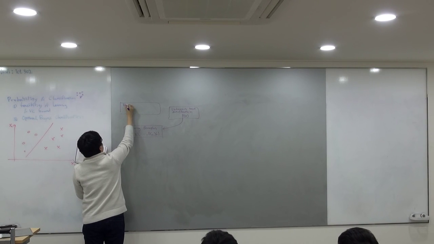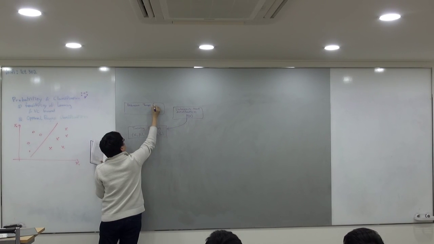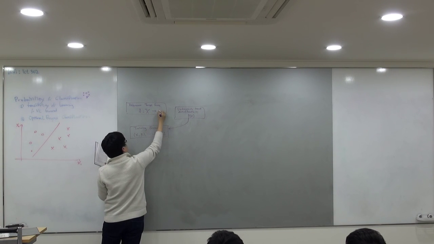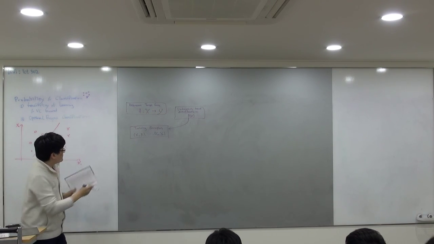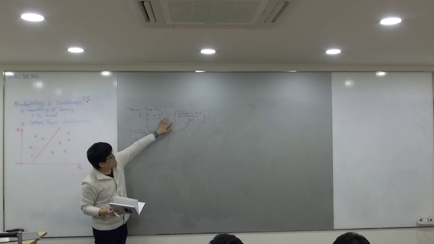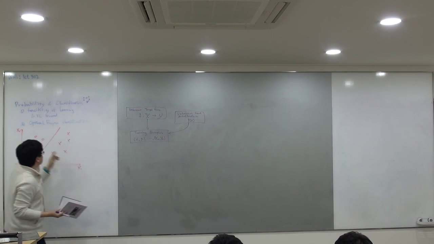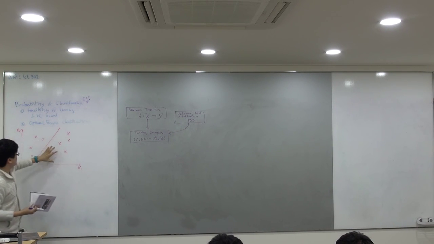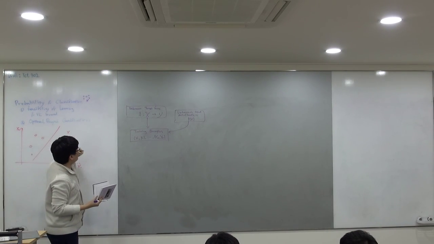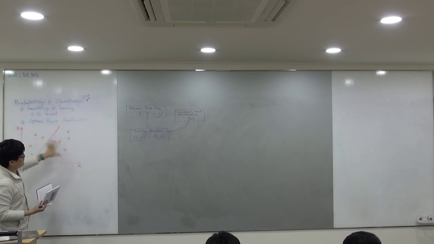There's an unknown target function. And these two are combined into the training examples. So you have an unknown input distribution. This kind of thing doesn't happen. So if you have a roughly x distribution here, the testing data will also be generated from this distribution.